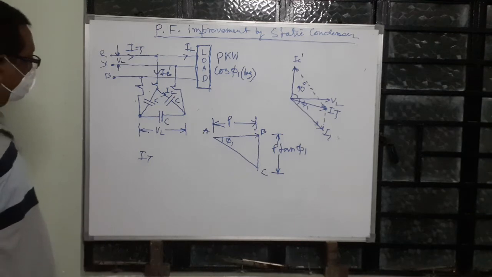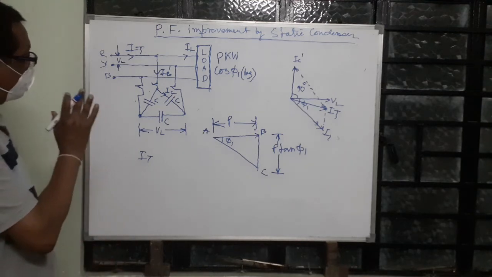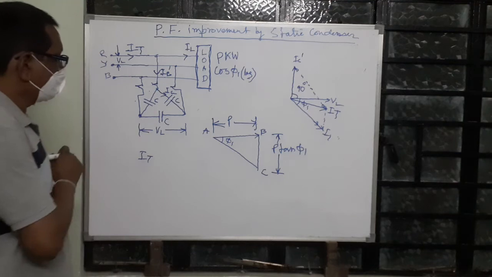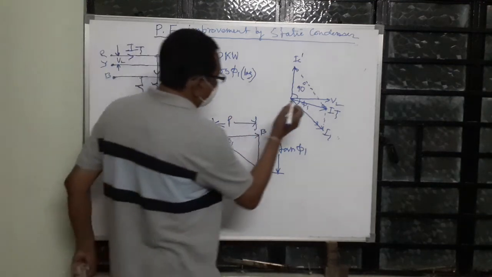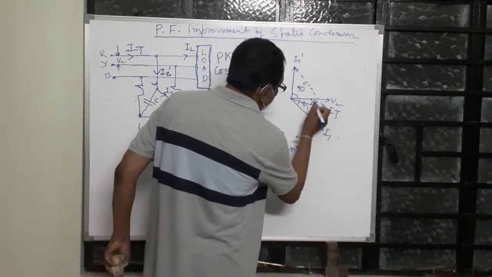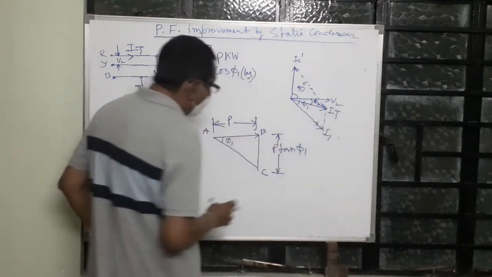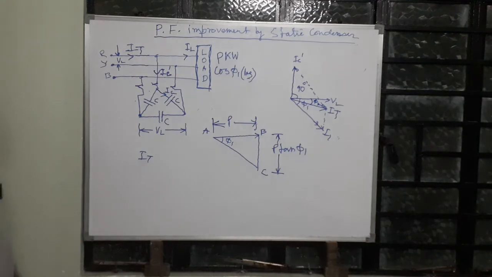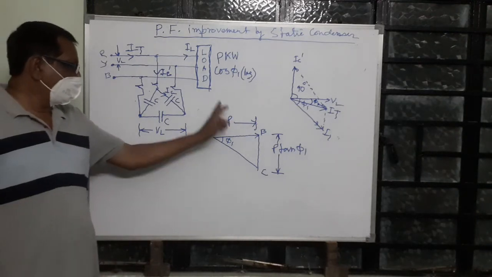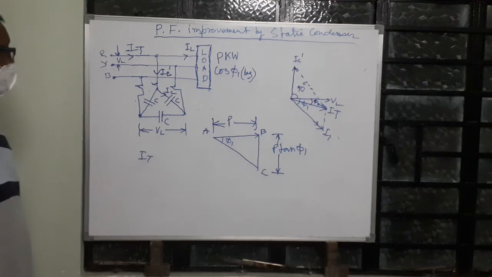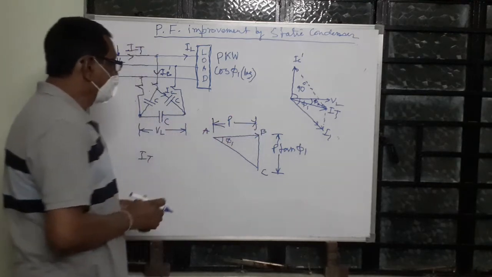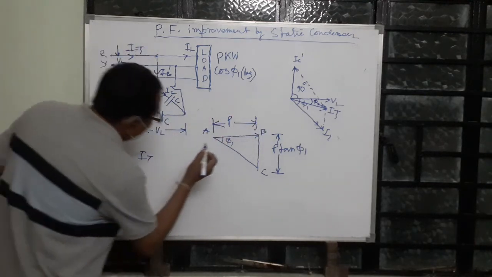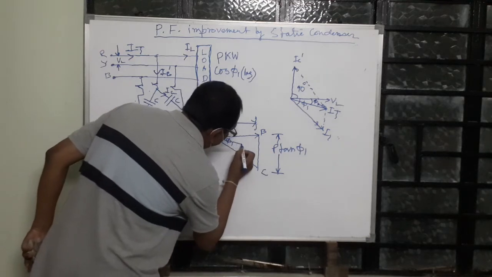Now, what is the power triangle? This diagram is before connecting the capacitor bank. This is the power triangle of the load. After connecting the capacitor bank, since the capacitor does not take any power, the power remains the same as before, but the angle decreases.